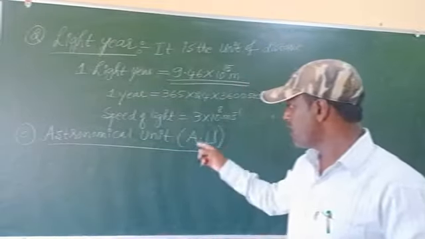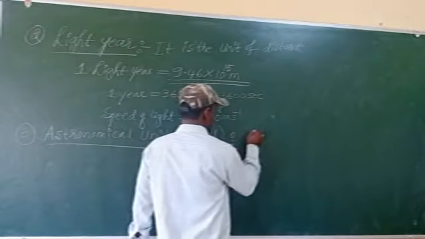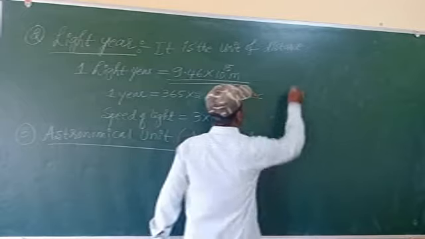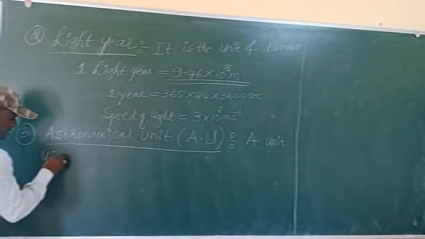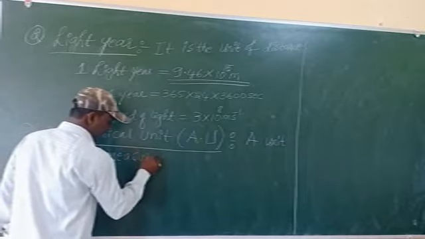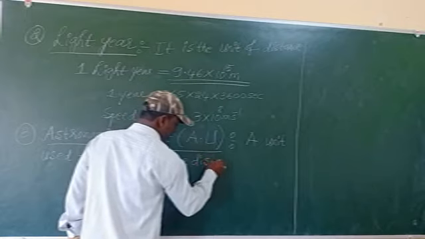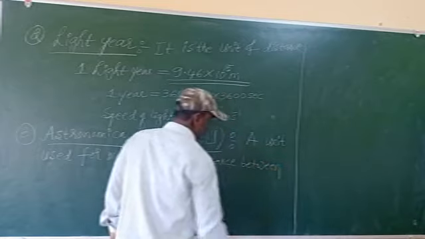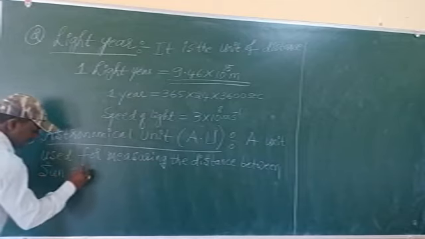In the same manner, astronomical unit is a unit used for measuring the distance between the sun and the earth.